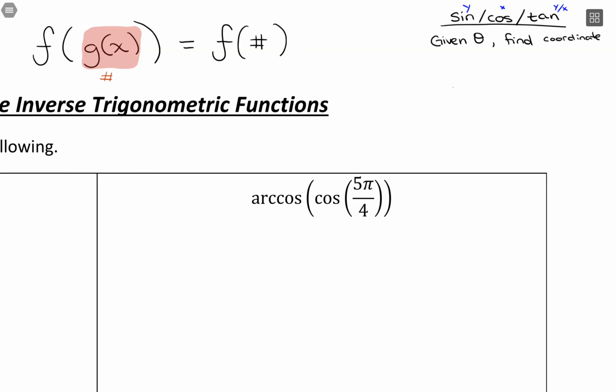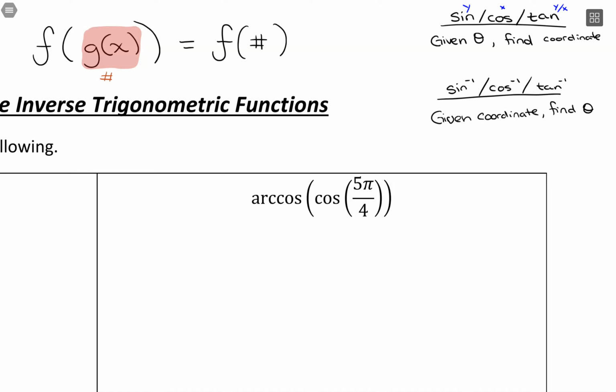Whereas with inverse sine, inverse cosine, inverse tangent, what we're being given inside the function is information about the coordinate, and we want to find the angle measurement. So with each of these, I'm going to write little notes to myself that can help describe the direction we're going in, so that we make sure we're grabbing the correct pieces.